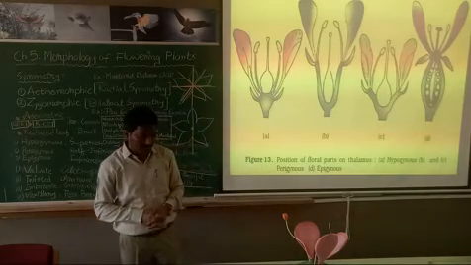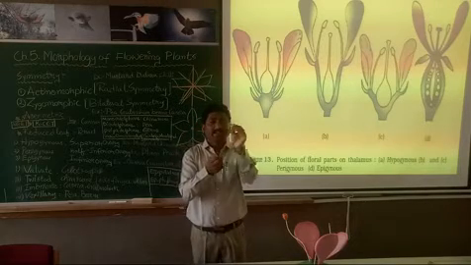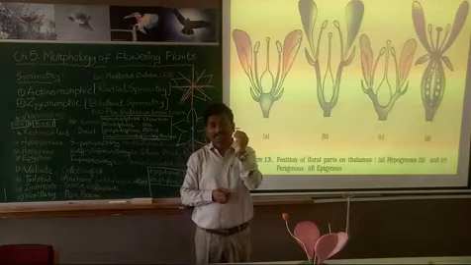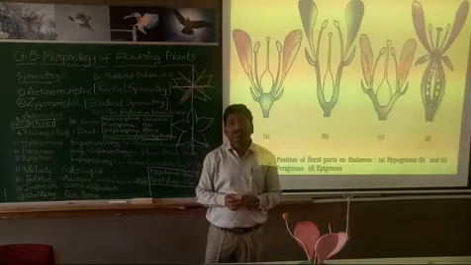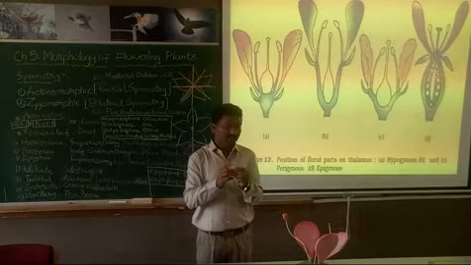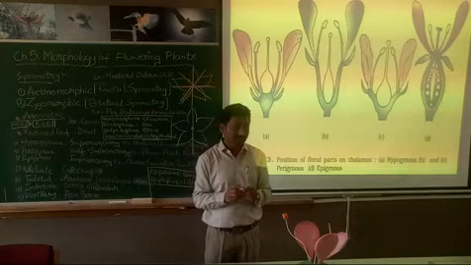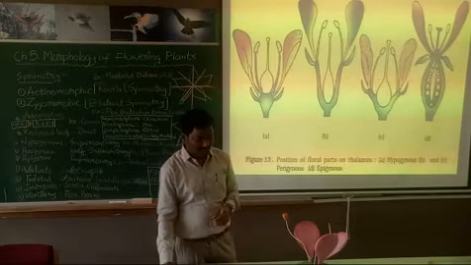Next, pentamerous flowers. What is meant by pentamerous flowers? You can see here one pentamerous flower. Vinca rosea. This flower's scientific name is Vinca rosea, hibiscus, etc. Those flowers consist of 5 sepals, 5 petals, 5 stamens and 5 carpels within it. Such kind of flowers are called pentamerous flowers.